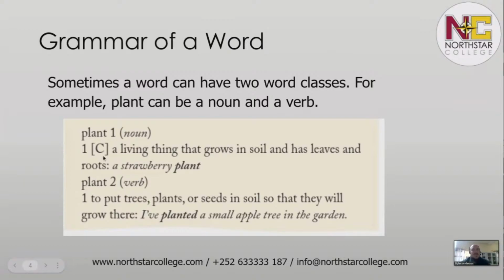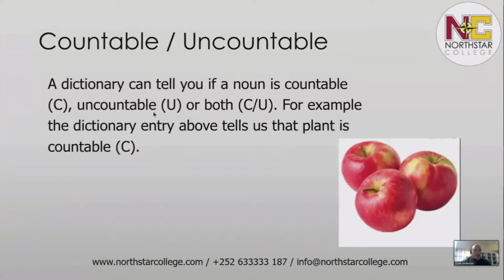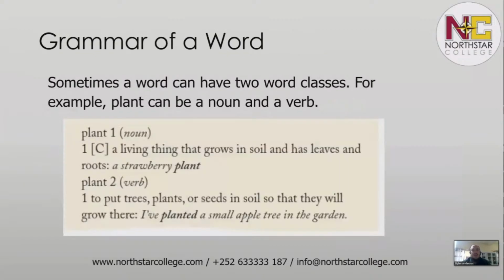So a lot of people use C to mean countable. Normally, before the definition, you'll see a C or a U for uncountable, or C and U, because some words are both countable and uncountable, depending on how you use them.